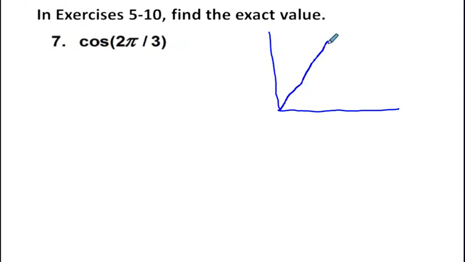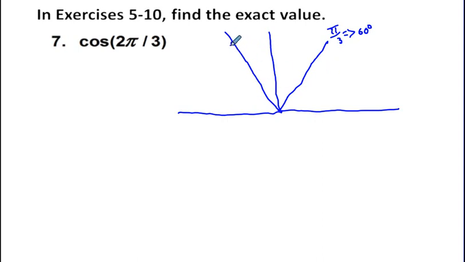Pi over 3 is going to be right up here, or equivalently 60 degrees. But 2 pi over 3 is going to be up over here in quadrant 2. And so we'll be right over here.